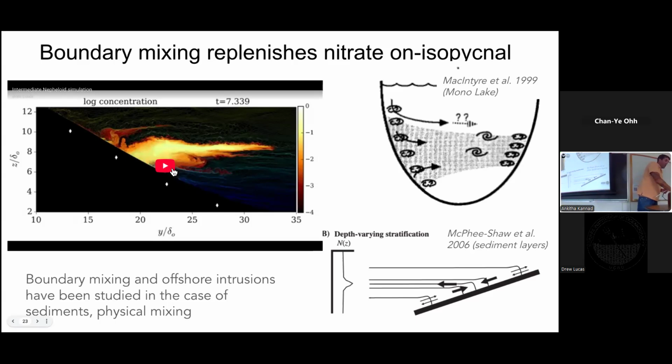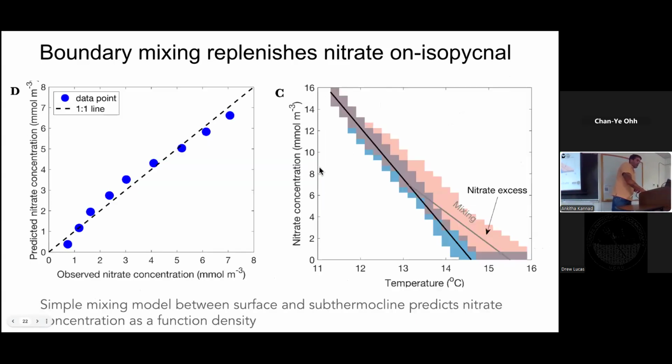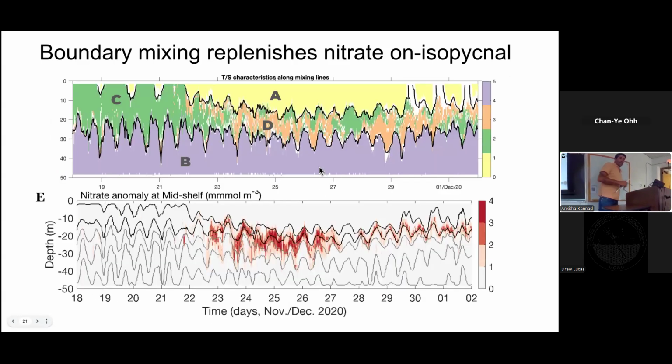And the result is that this creates water of this density class that has higher nitrate than the canonical situation or the previous situation as well. And so that boundary mixing could then be a source of new nutrients, but during downwelling.